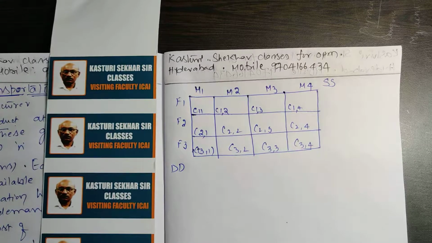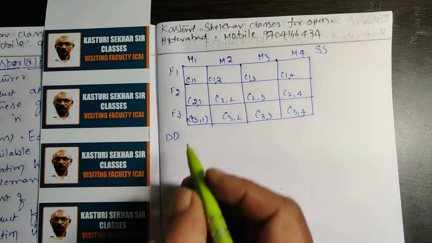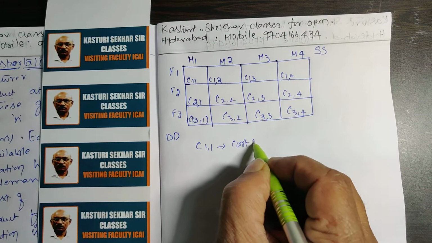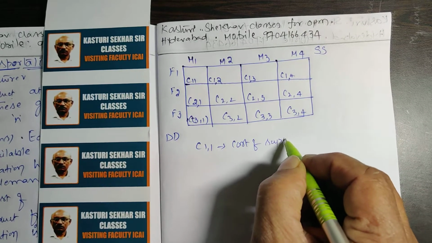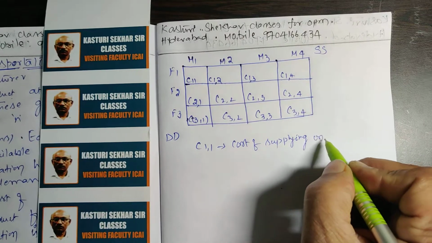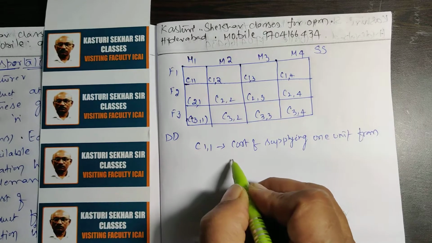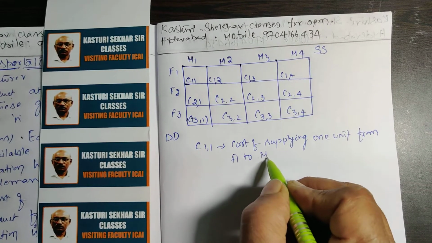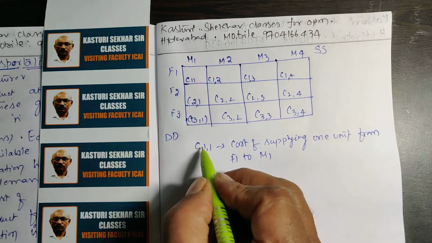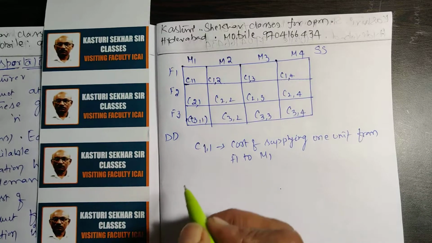This way per unit cost is also given. Let us see, sir, C11 stands for what? Cost of supplying 1 unit from F1 to M1. C11 stands for the cost of supplying 1 unit from factory 1 to market 1.